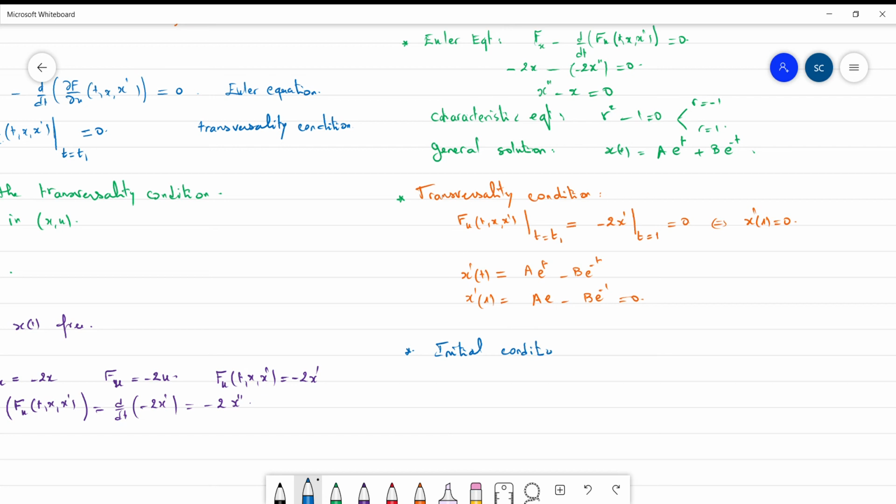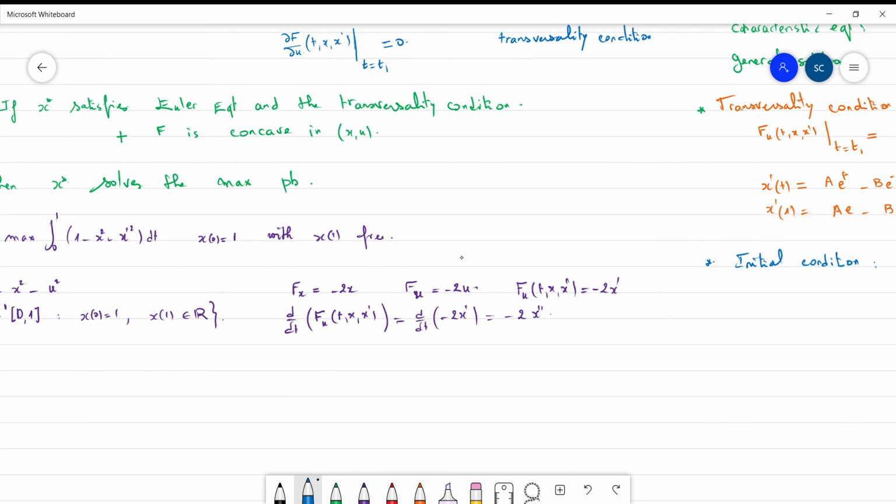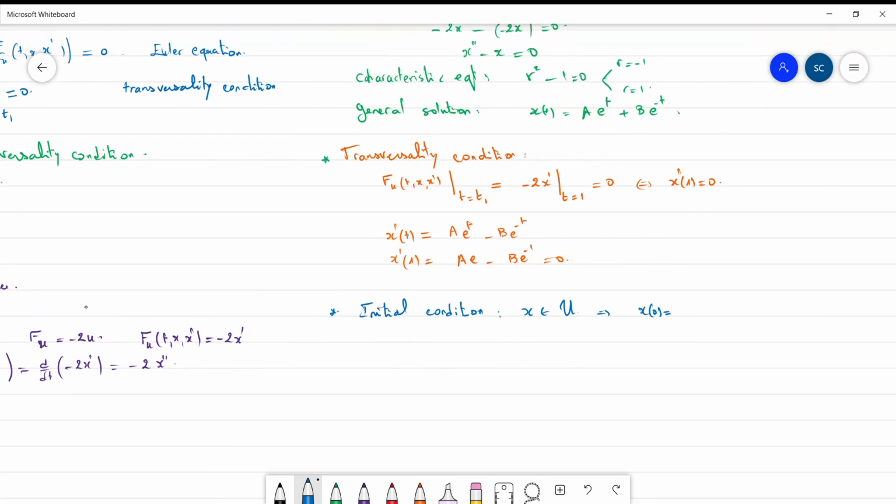My solution x belongs to U, therefore x(0) is given, and here it says that it is equal to 1. Now x(0) will be a plus b, so it must be equal to 1.